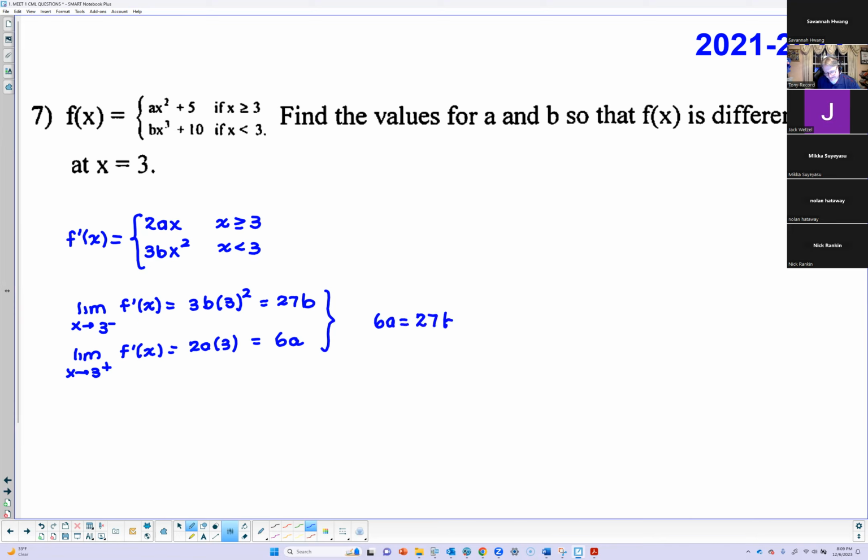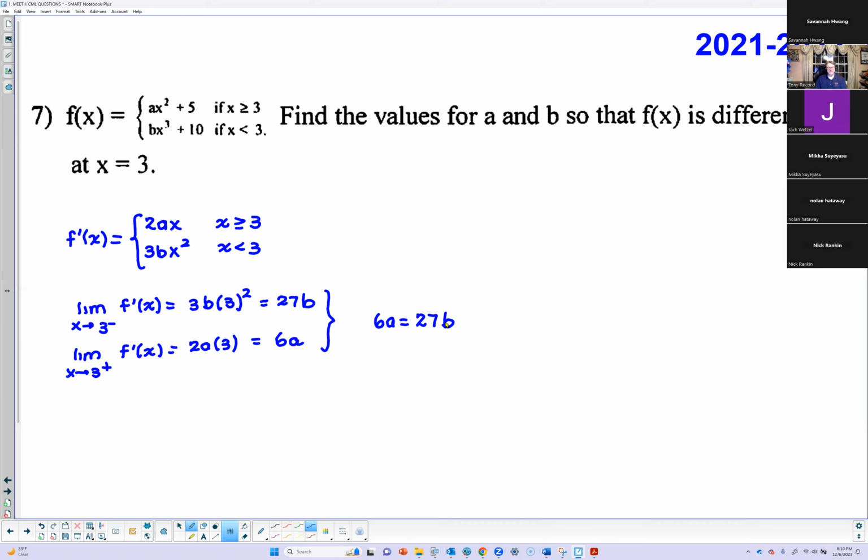Guess what? We can't solve that because they have a's and b's in the equation. If only we could come up with another equation that had an a and a b in it. Doggone it. What are we not seeing here? The fact that f of x is differentiable, what does that imply? You don't have to type it in the chat. I want you to think about it.